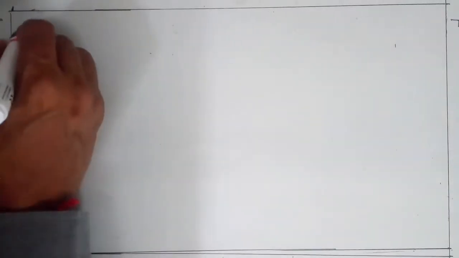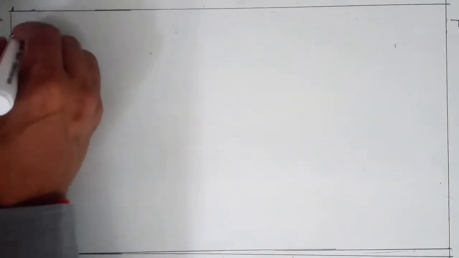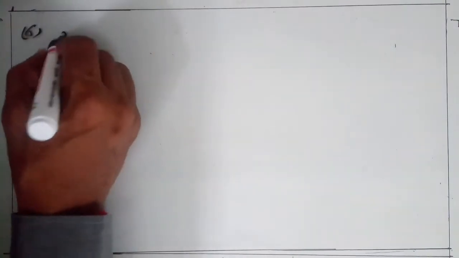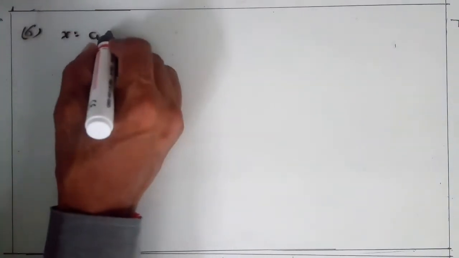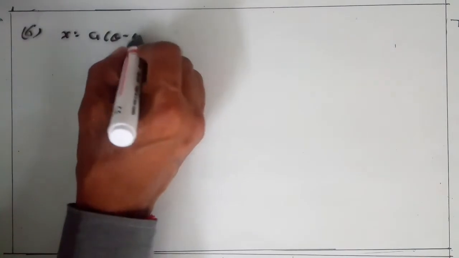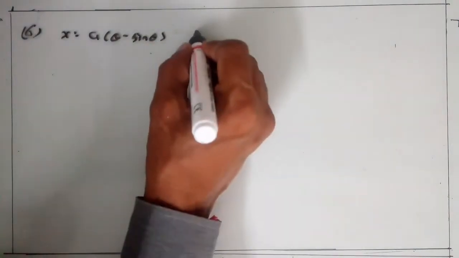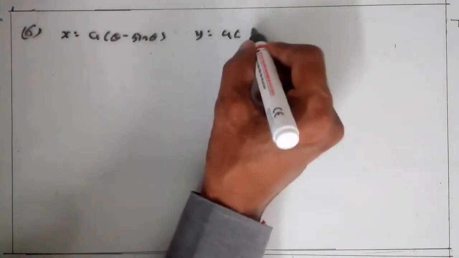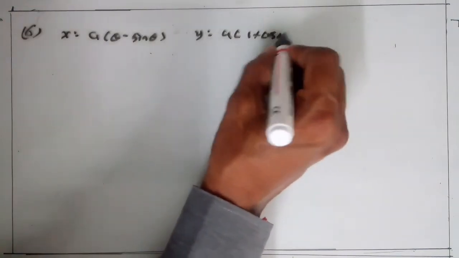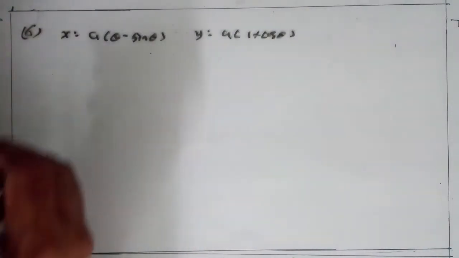Now question number 6. x is equal to a times theta minus sine theta, and y is equal to a times 1 plus cos theta. Find dy/dx.